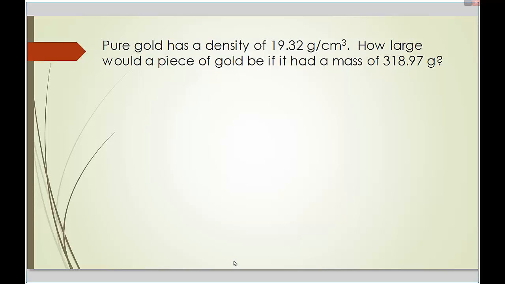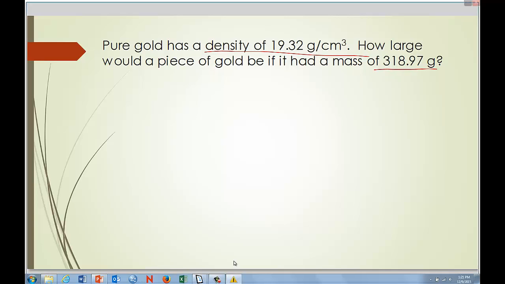Let's try another density question before we go on. Pure gold has a density of 19.32 grams per centimeter cubed. How large would a piece of gold be if it has a mass of 3.18 times 10^2 grams? So as we're looking at this, density is equal to mass over volume.